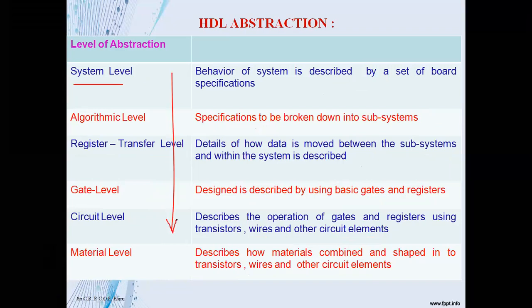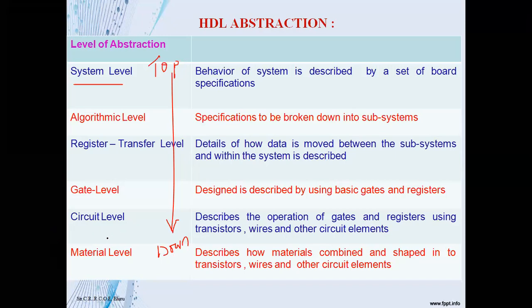This is the top level of the hierarchy, and this is the bottom level. Top and down. As I said, a top-down methodology is used for describing or designing digital systems in hardware design, and that top-to-down is the levels of abstraction here.